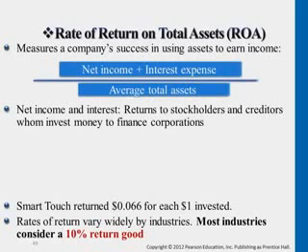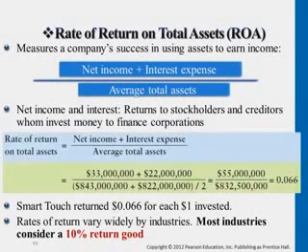Here, this is more of an overview of the company's return net income over how they use the assets, or the return net income over how they have been using the capital that shareholders contributed to the business. So the first ratio here, rate of return on assets, the return basically is referring to what they have generated, meaning the net income and interest that they have gave out to shareholders and creditors together.